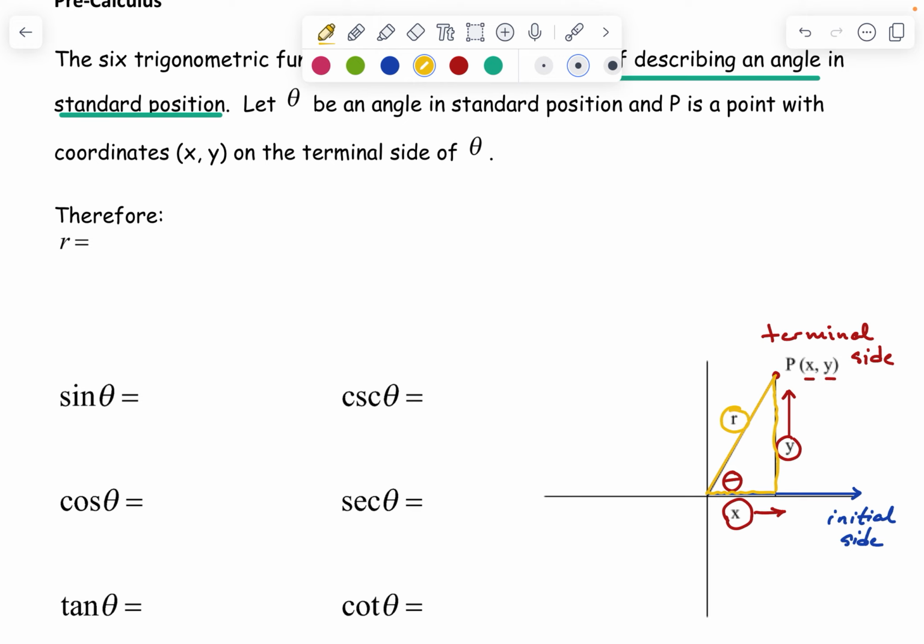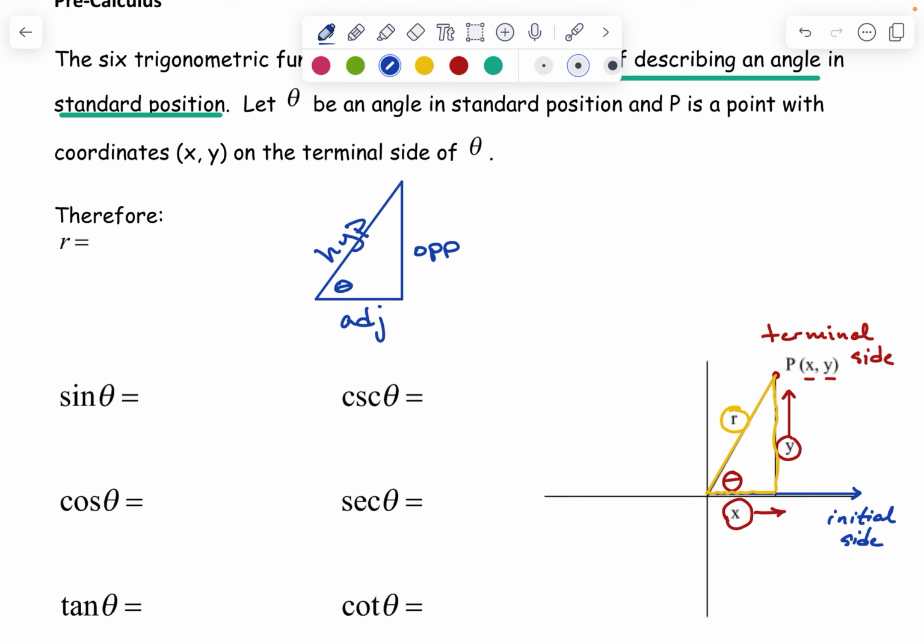Last class we referred to these sides, from theta, as opposite, adjacent, and hypotenuse.